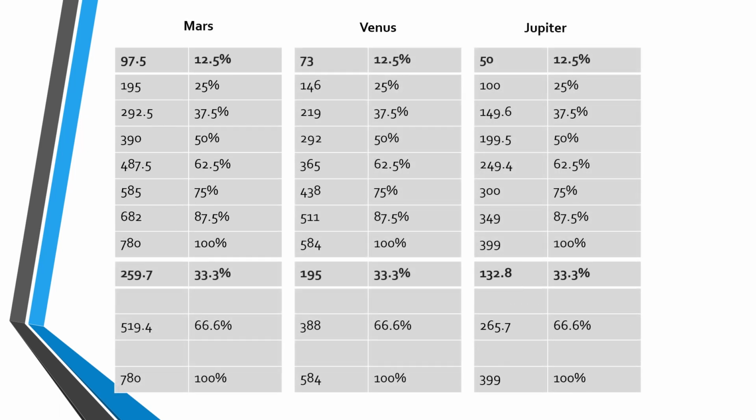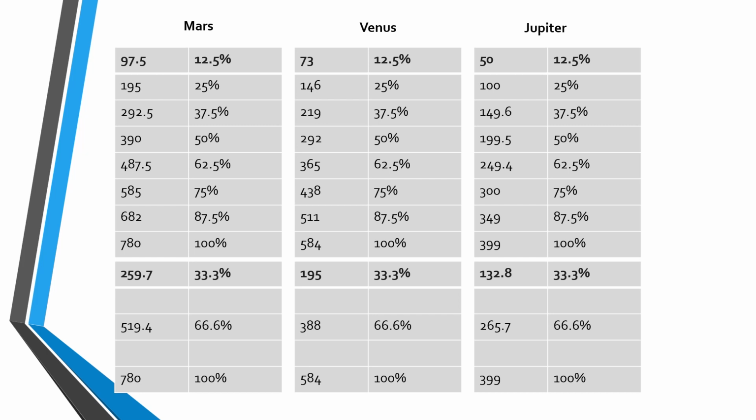So, for example, the planet Mars, which we know takes 780 days to complete its synodic cycle. At 12.5%, a 1/8 interval is 97.5 days. 25% of that Mars cycle is 195 days. And you can see the rest of the numbers in the table that I've put on this particular slide.